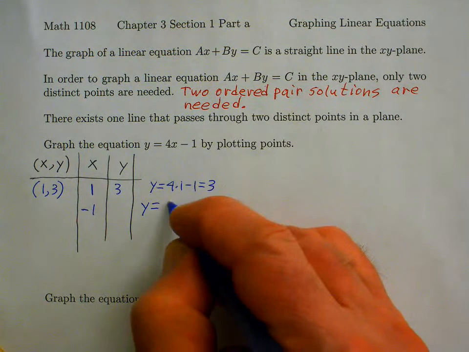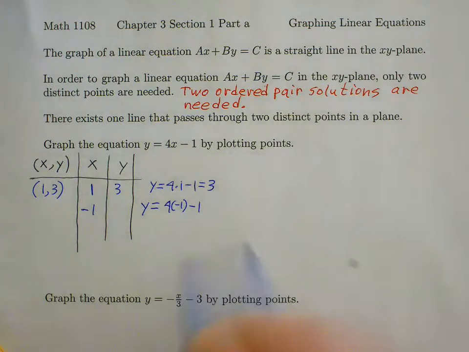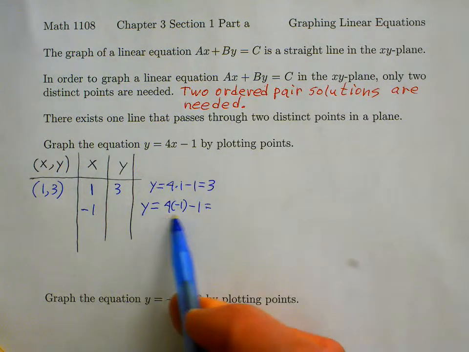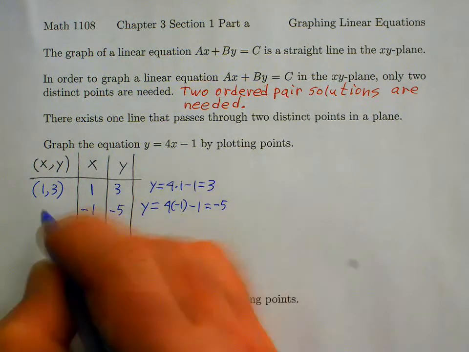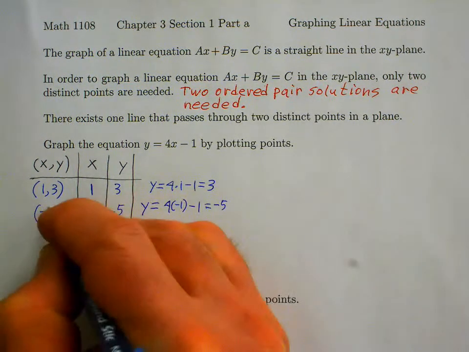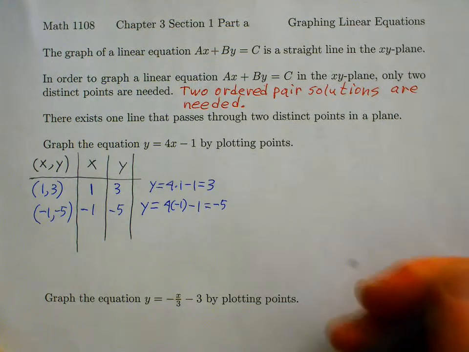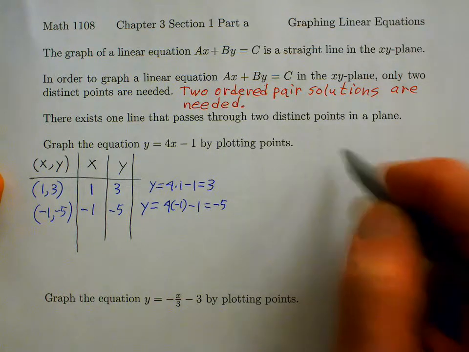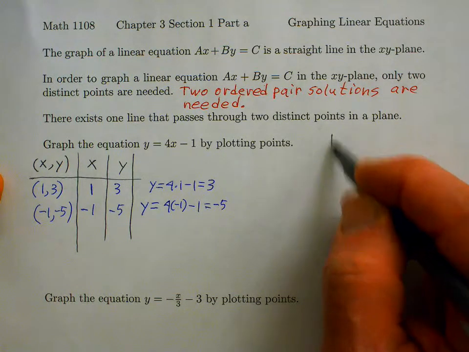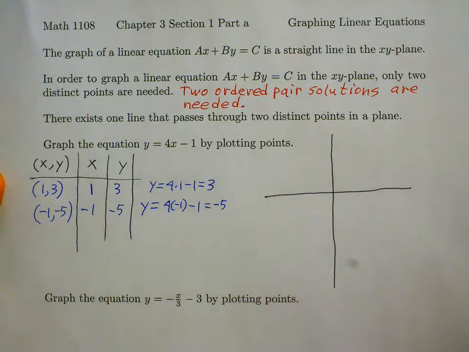So we get 4 times -1 minus 1. 4 times -1 is -4. -4 minus 1 is -5. So we get the ordered pair -1, -5. Okay, 2 points, 2 ordered pairs that are solutions to the equation. That's enough to graph the line.